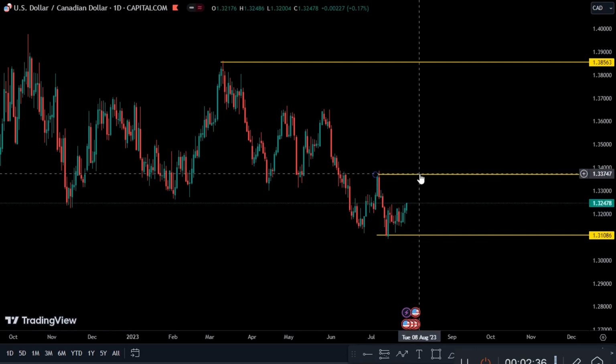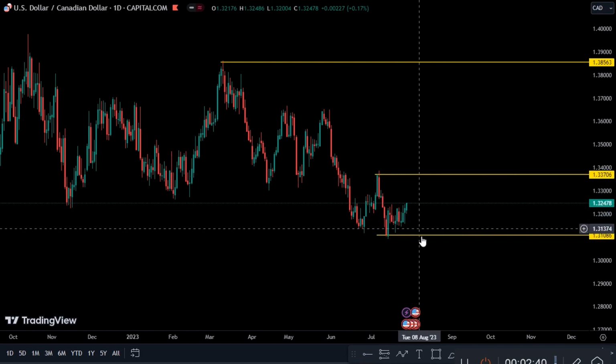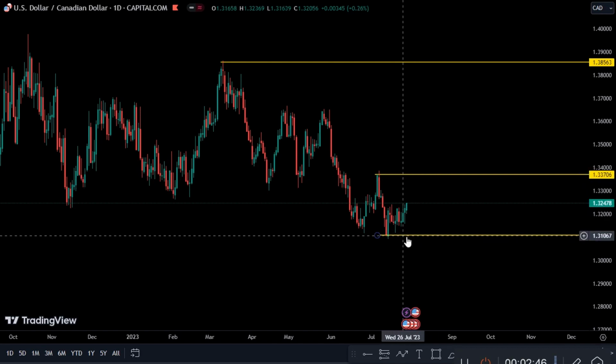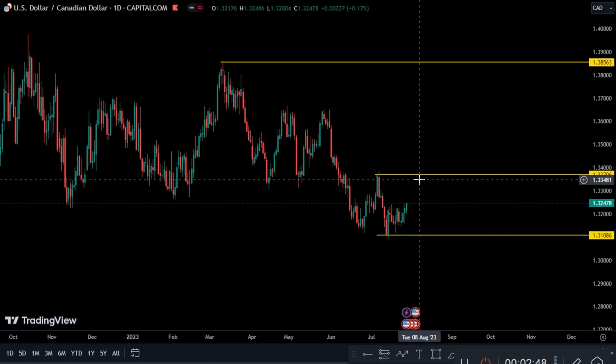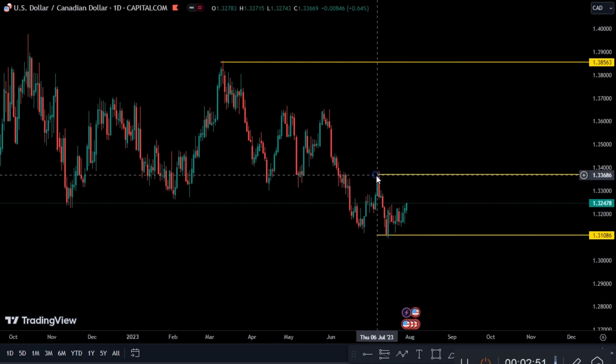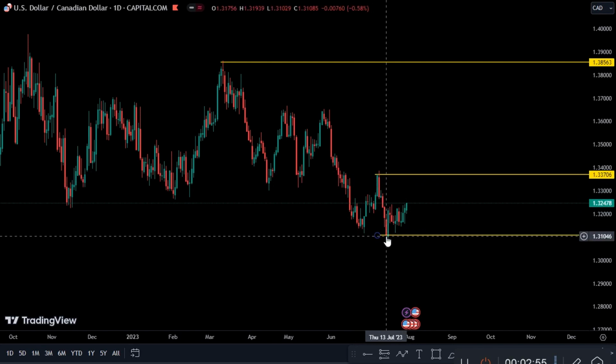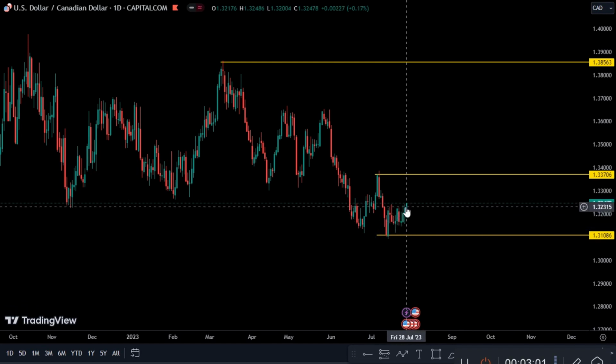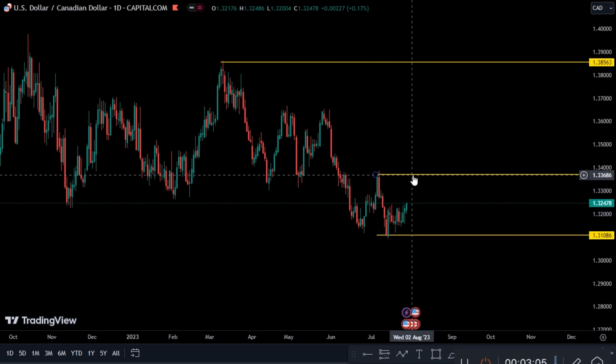Okay, so now once we have established the two closest significant zones that the market is currently in between, then our next thing that is going to follow our mind is how are we capitalizing from the market moving from here to here, because we can see that previously we had this market pushing from this area towards this support structure, and then from this support structure we can see a huge bullish momentum towards the upside, and then the anticipation is that this market is going to push up until this point at least.